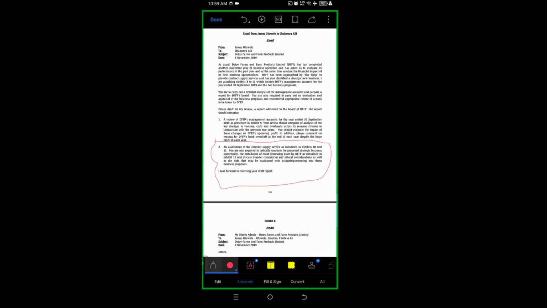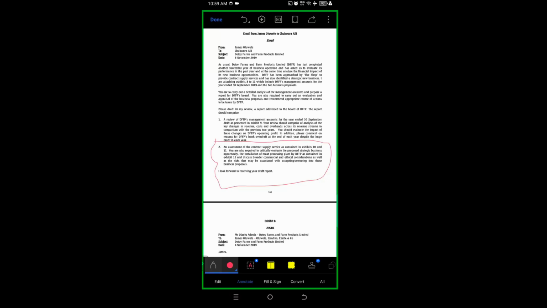So remember when we were solving requirement 1, before we could do anything, we had to go and break down the requirement. The same thing is what we are doing now. So the first thing is assessment of contract supply service. Now look at it.